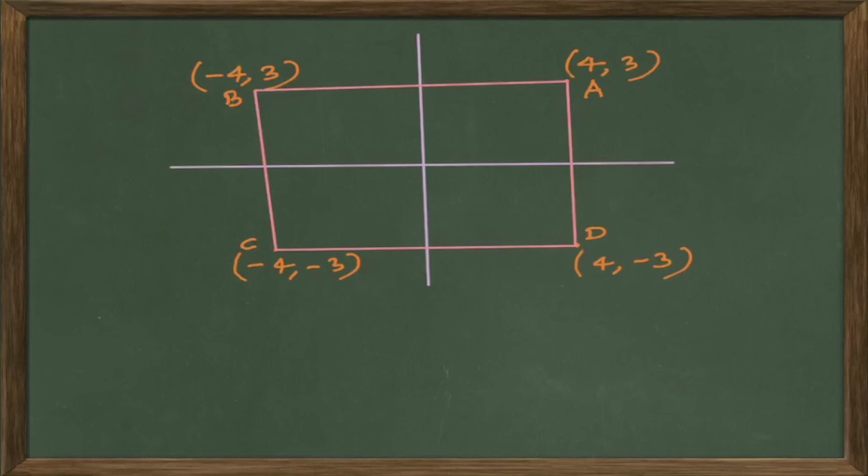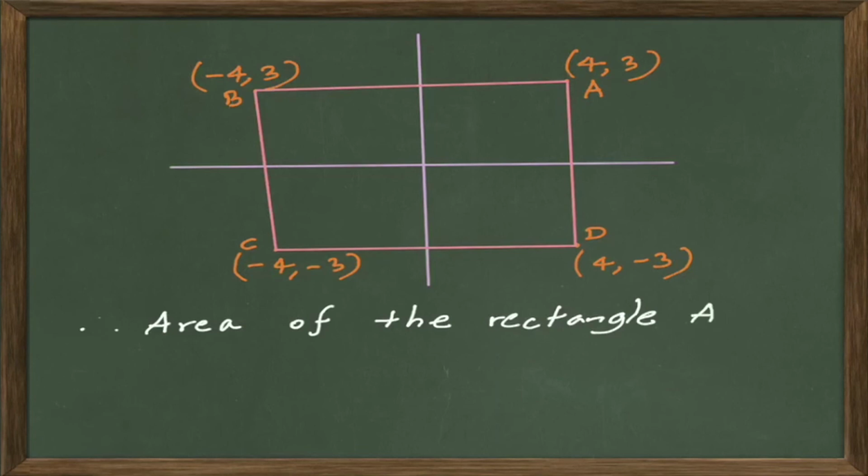Now it is clear from this diagram that the area of the rectangle ABCD is, so its length is clearly 8 units, whereas its width is 6 units.